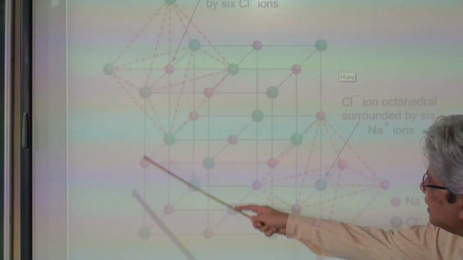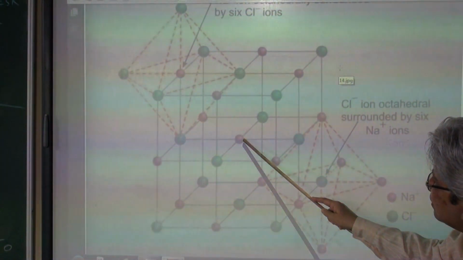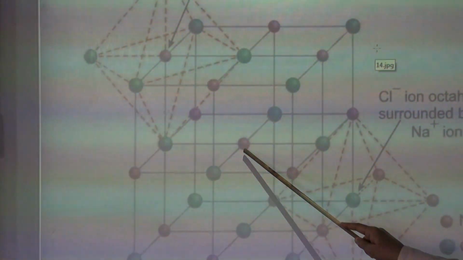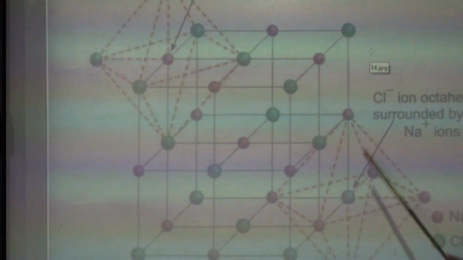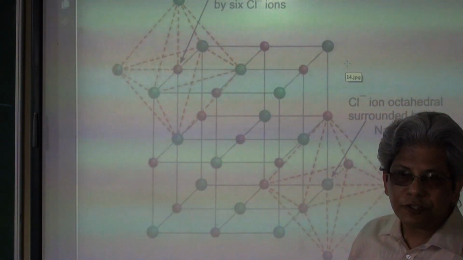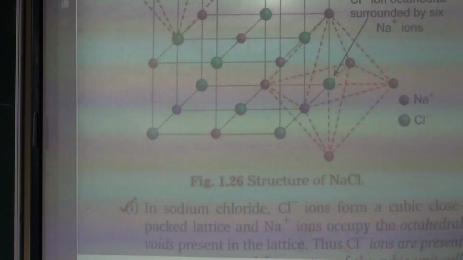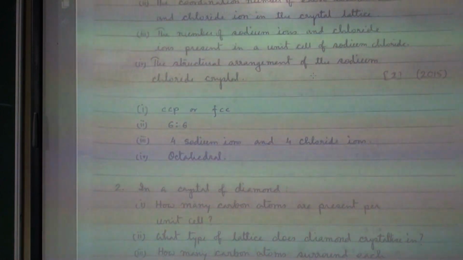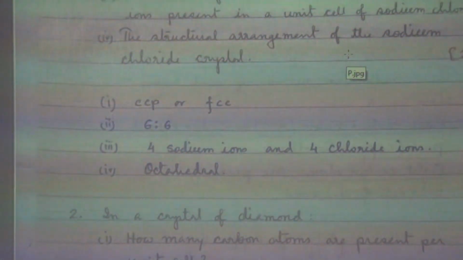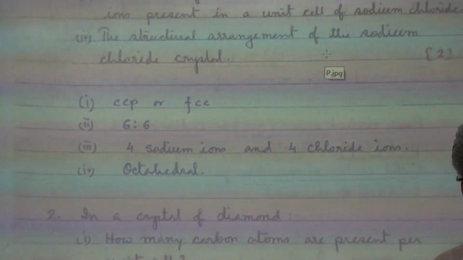And in this entire unit cell you can see 1 particle is at the body center, so completely belonging to that particular unit cell. So altogether 3 plus 1, 4. That gives us the answer that 4 sodium ions and 4 chloride ions are present in 1 unit cell of sodium chloride.